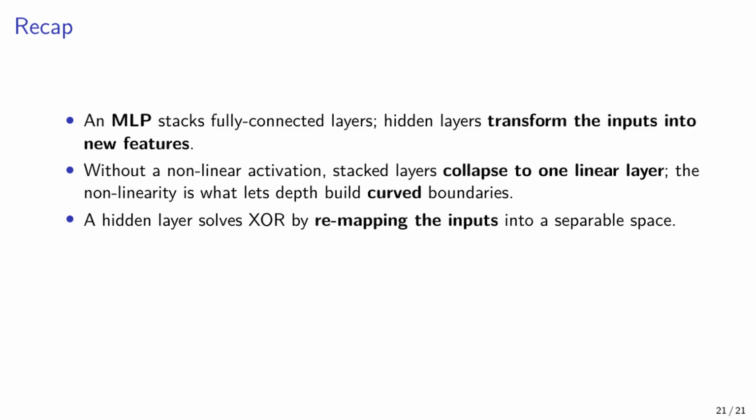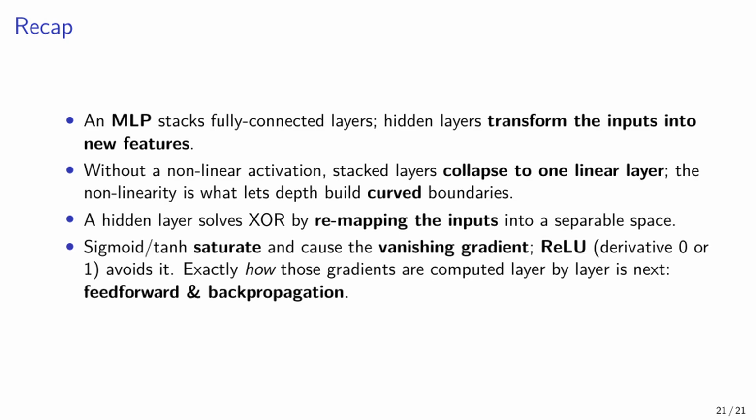A hidden layer solves XOR by remapping the inputs into a space where a single line separates the classes. And on activations, sigmoid and tanh saturate and cause the vanishing gradient, while ReLU, whose derivative is 0 or 1, avoids it. Exactly how a network computes all those gradients layer by layer is backpropagation, and that is the next topic.